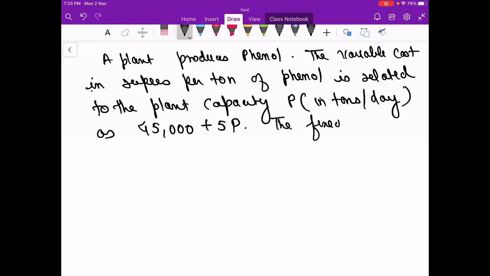The fixed charges are rupees 1 lakh per day.